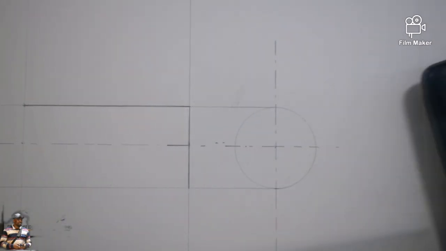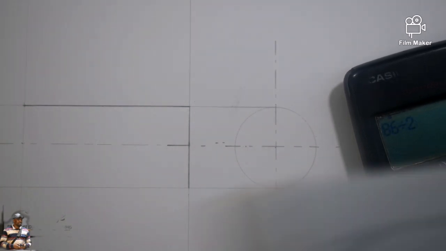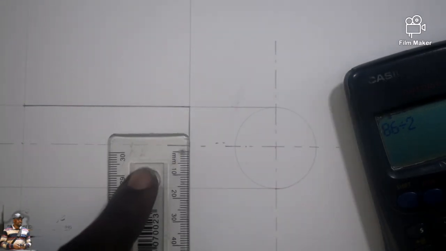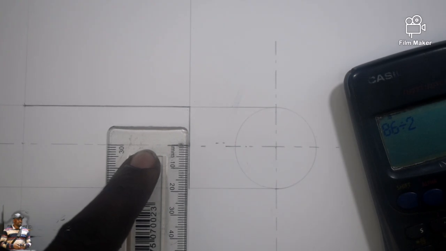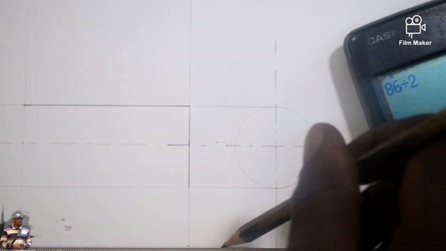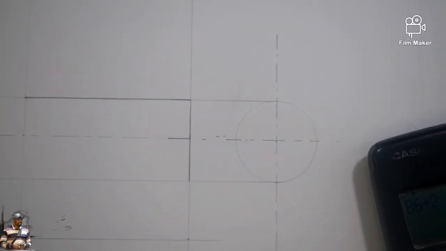But remember, it has to be converted. 86 divided by 2, we are getting 43. So where is your 43 from the center? This is 45, this is 44, there is my 43. Where my 43 ends, I can put a horizontal faint line like this.